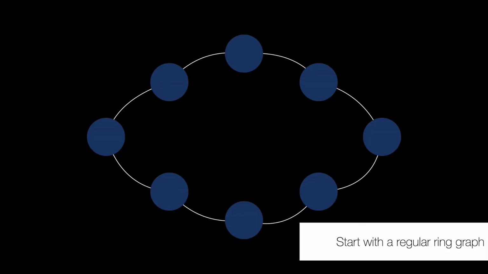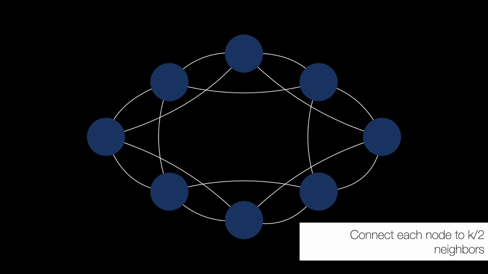So in the late 90s, Duncan Watts and Strogatz introduced the Watts-Strogatz model to address this problem. Rather than randomly generating a graph from scratch, they start with what's called a regular graph, or a ring graph. You take some set of nodes and you connect them in a ring structure, and then you add additional connections to k over 2 neighbors.